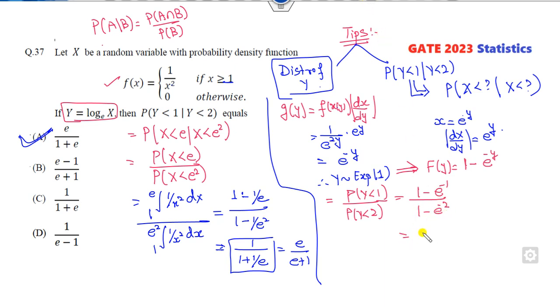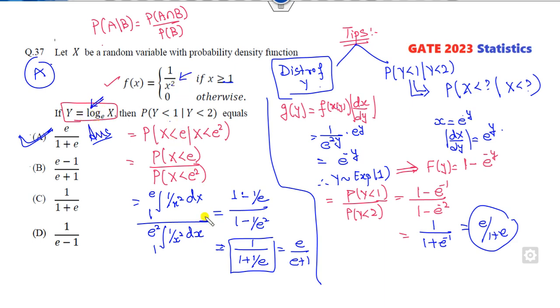So how can you solve that? I can write this number as 1 over e raised to power minus 1, which is again option A. So you can see in both ways you will get A as the right answer. But this is quite easier, because once the transformation relation is given to you, convert them into the original PDF, and then you can solve it in a very simple manner.